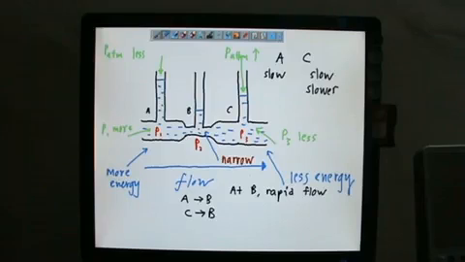So we have a region, I put a cross here. The cross is a region of low pressure. You know why low pressure? Because according to Bernoulli's principle, the faster the fluid moves, the lower the pressure. So X is a region of low pressure.